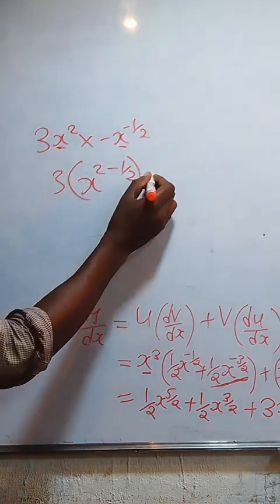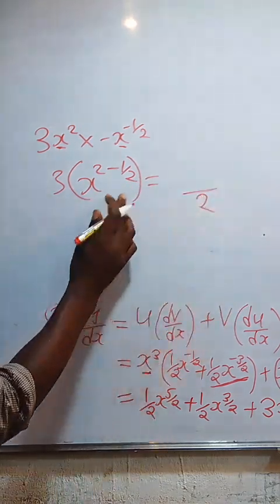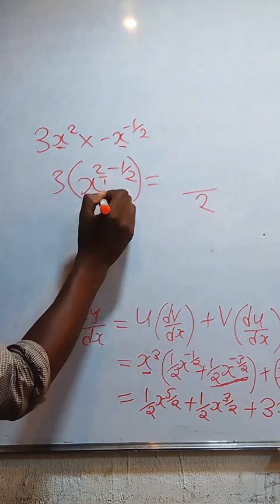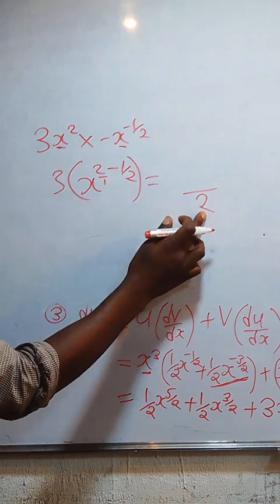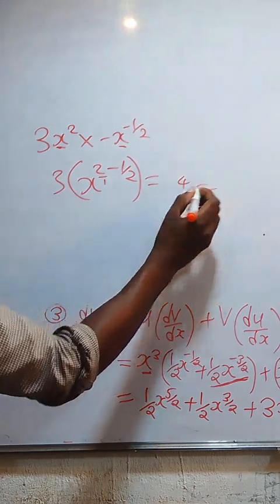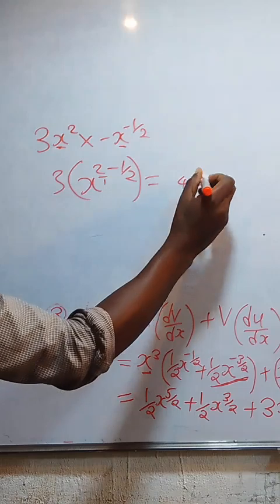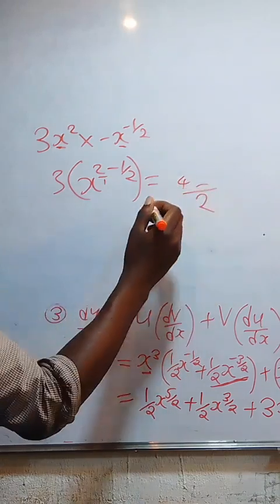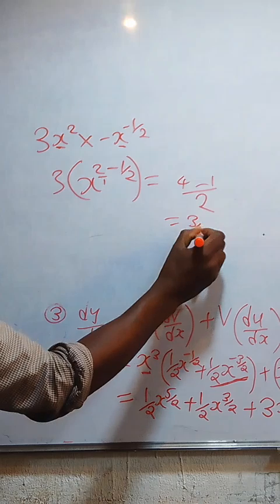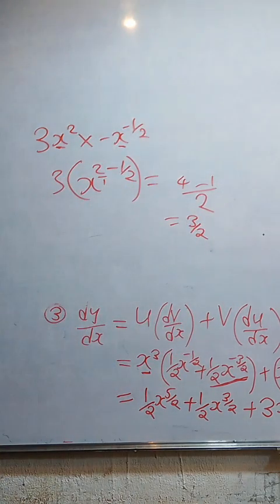What are we going to get? The lowest common denominator is 2, so 1 here is over 1. 1 into 2 is 2, times 2 is 4, minus 1. 2 into 2 is 1, times 1. So this will be 3 over 2. This is the power on the x's.